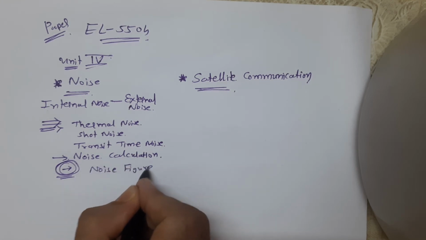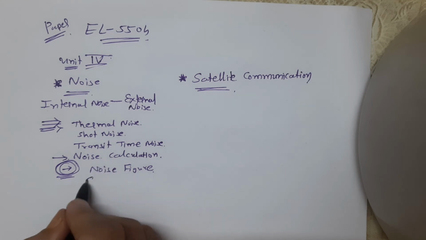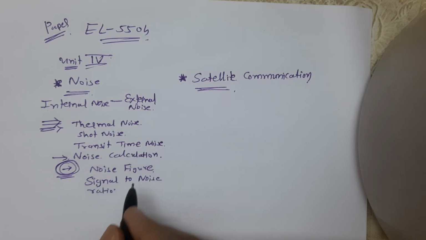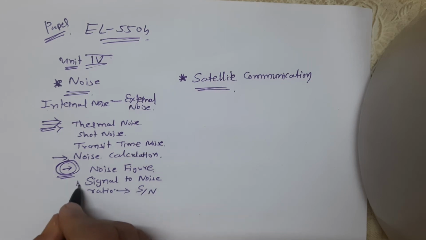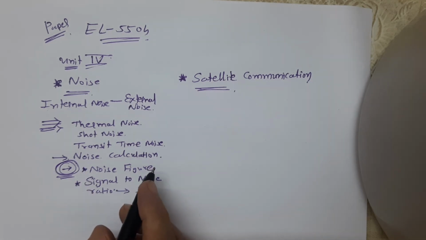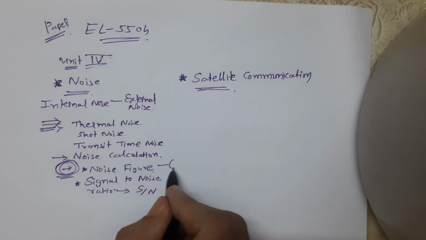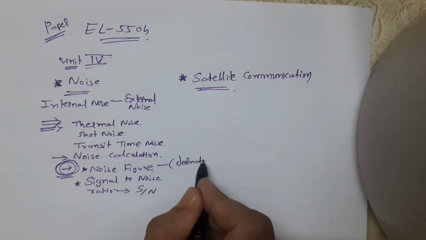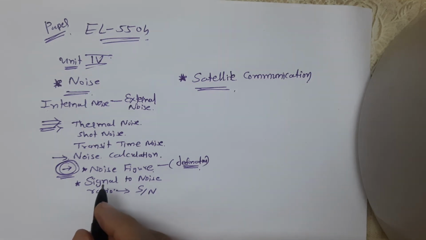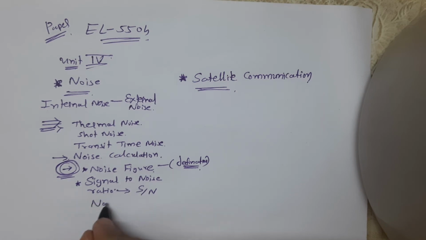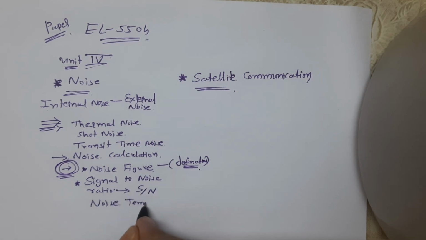We discuss the noise figure, signal to noise ratio, which is also known as S by N, then the definition of the noise figure, calculation of the noise figure, and the last one is the noise temperature.